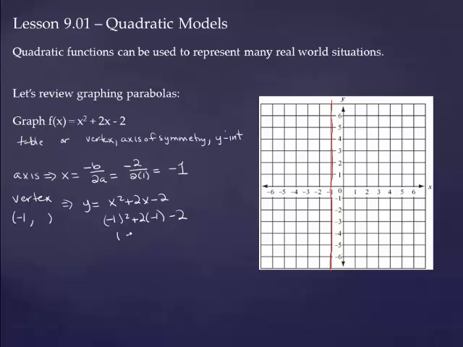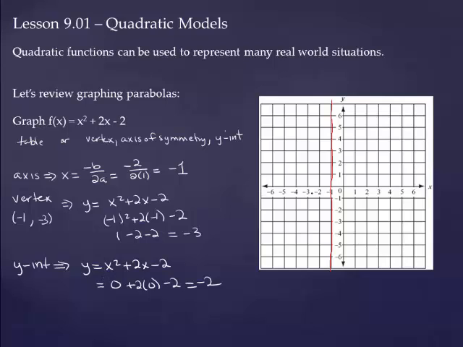And I get 1 minus 2, so that's negative 1 minus 2, so negative 3 is my y. And then to find my y-intercept, again, I set my function equal to y, and I plug in 0 for x. And so my y-intercept is equal to negative 2.